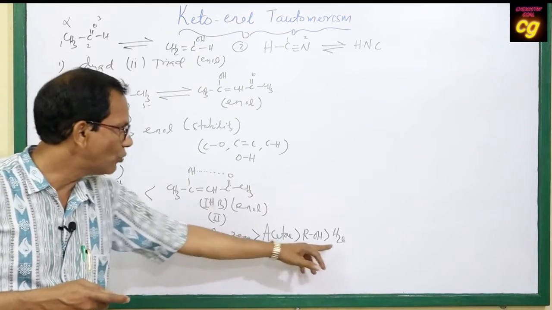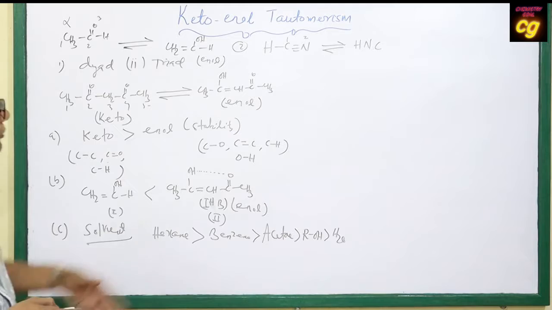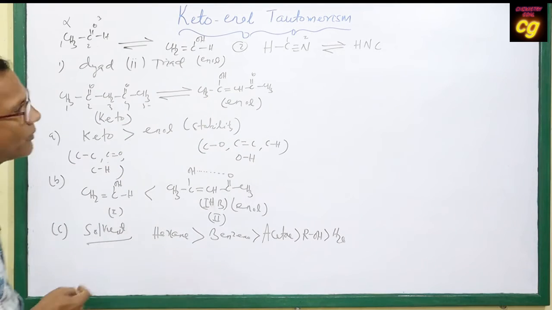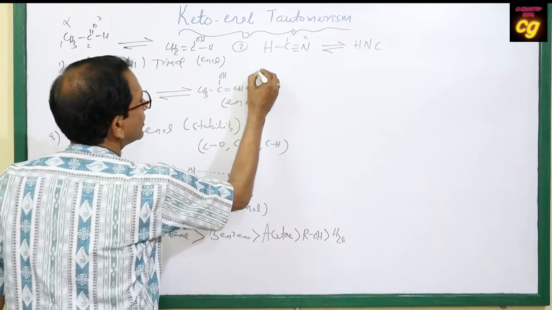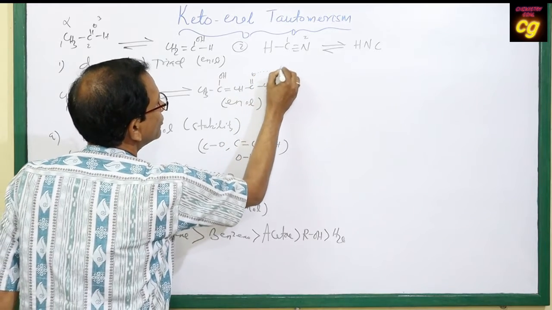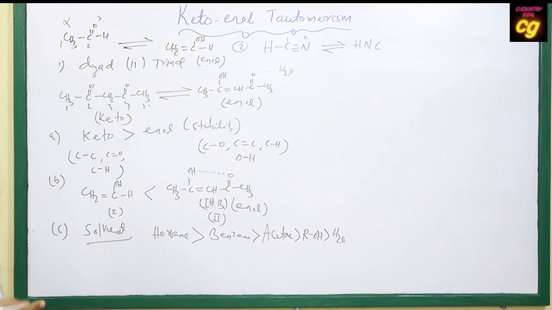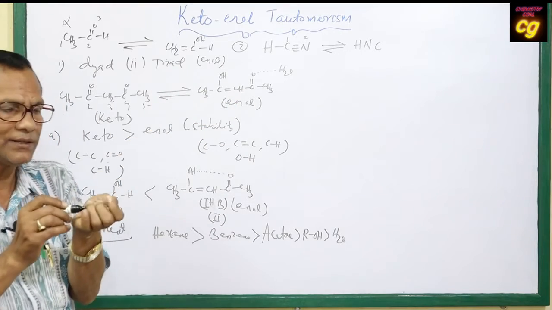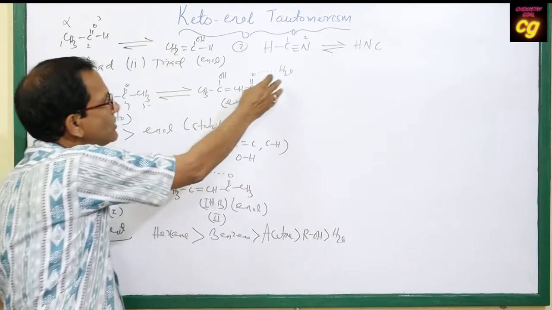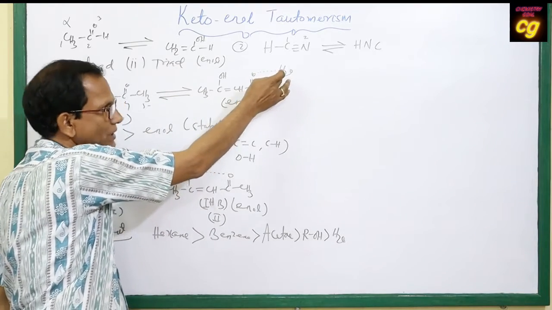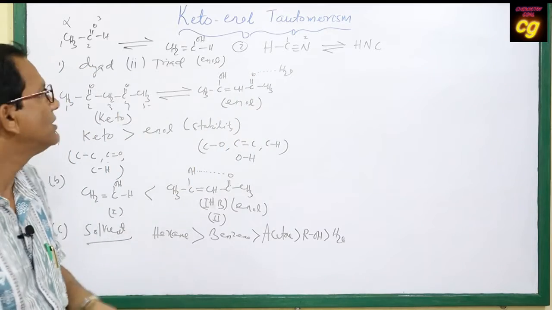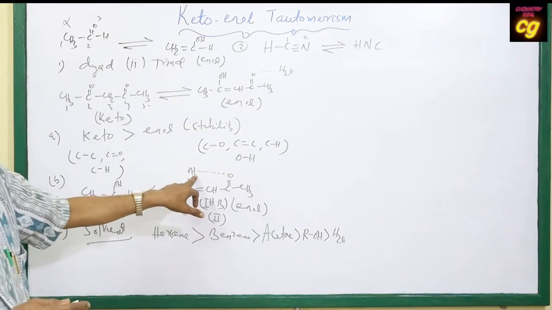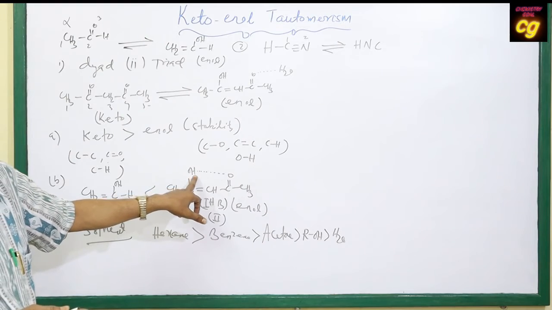Why? Because suppose this is the enol form; this enol form exists in hydrogen bonding with water. If you take water as the solvent, then water forms intermolecular hydrogen bonding with the keto group, so that the keto group cannot form intramolecular hydrogen bonding with the OH group.